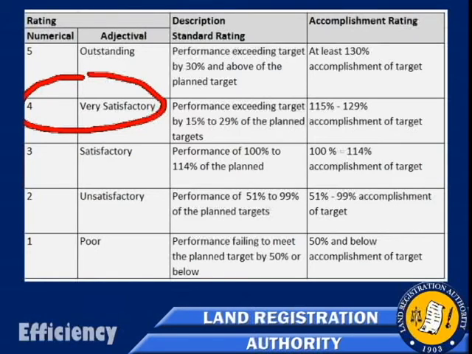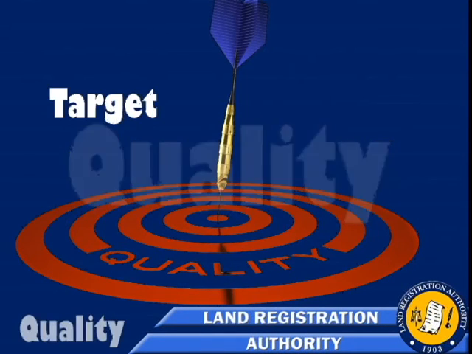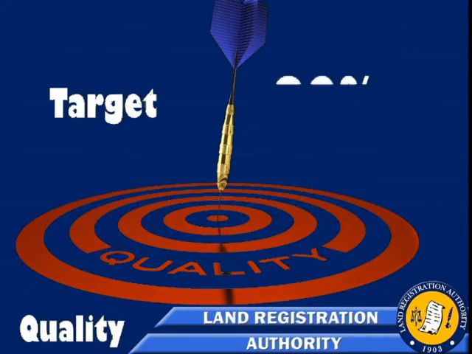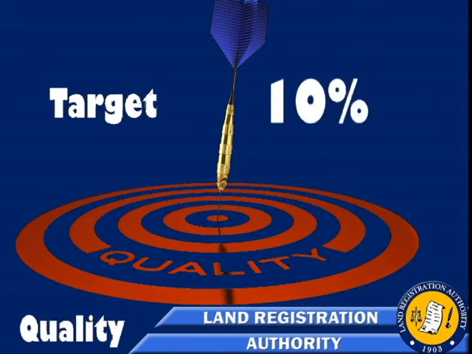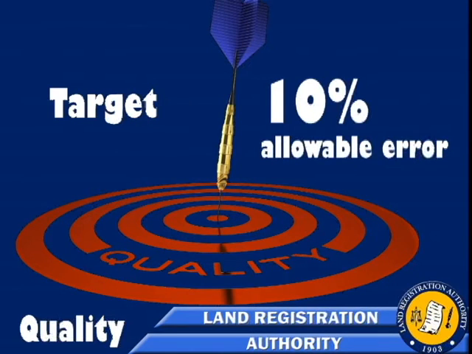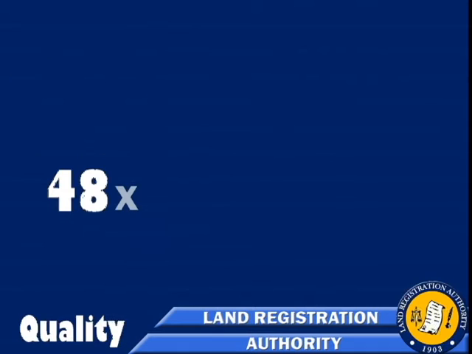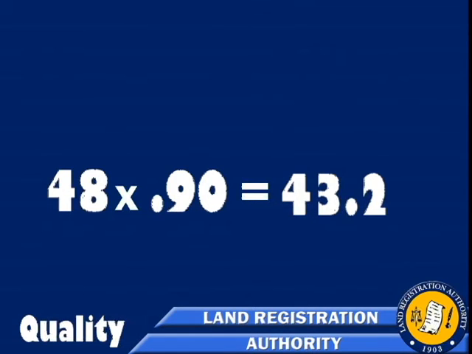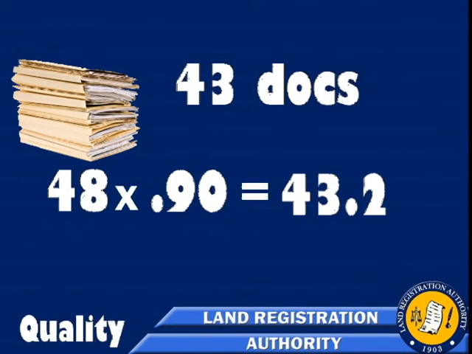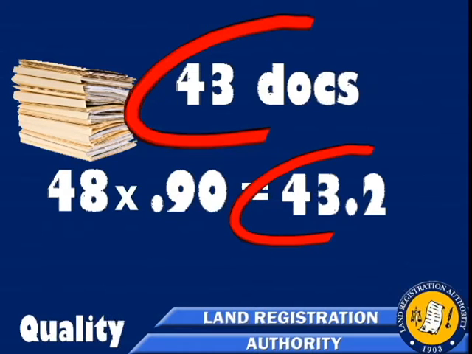Now let's look at the quality. The target is 90% without error, or 10% allowable error. If, for instance, 48 documents have actually been endorsed for approval to the RD, then 48 times 0.90 is equal to 43.2 or 43 documents. That's the 100% target.